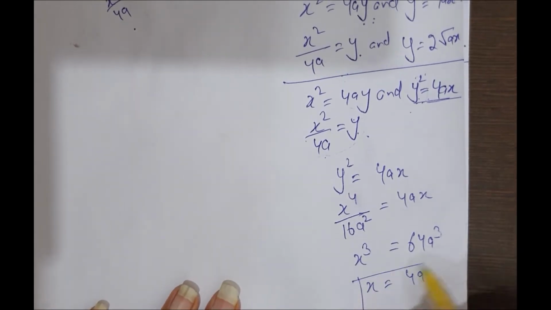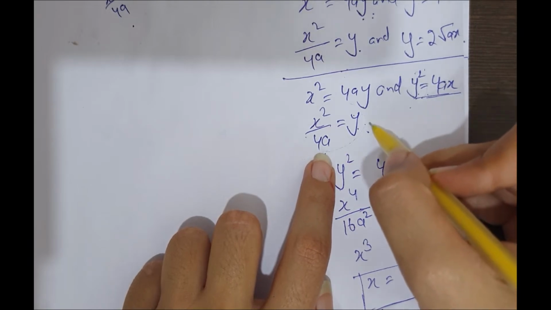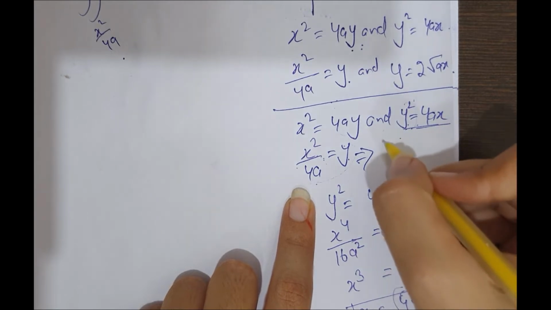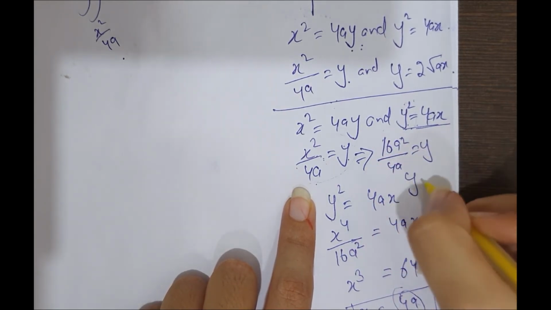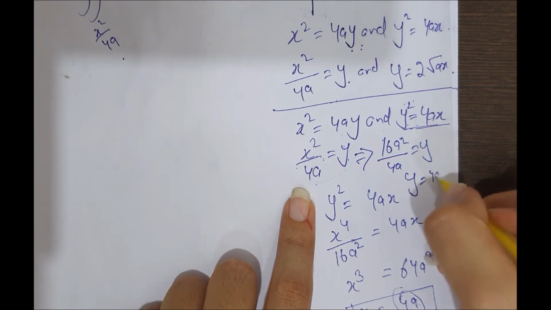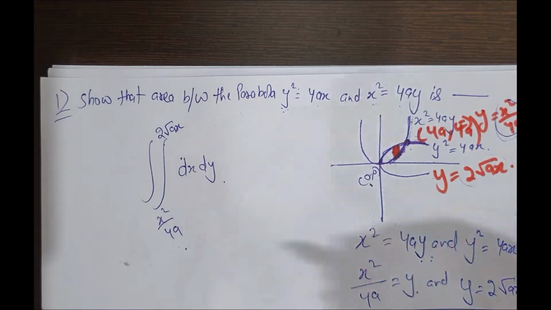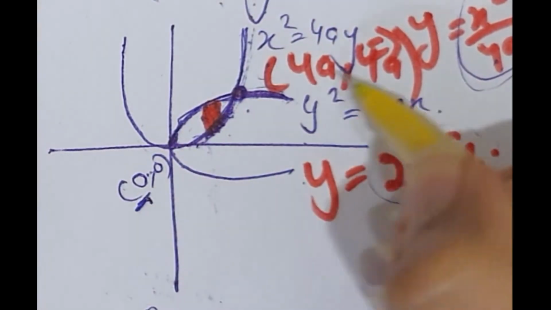So x comes out to be 4a. Here we don't need the y value, but we can find it by putting the value of x in this equation. x is 4a, so 16a square upon 4a, and the value of y also comes out to be 4a. So the limit of x is 0 to 4a.